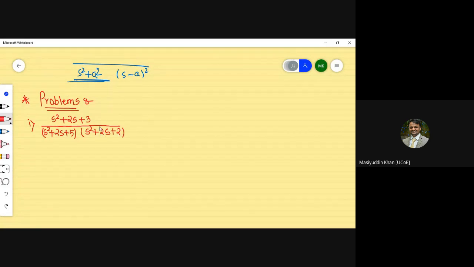So this is our problem: s square plus 2s plus 3 upon s square plus 2s plus 5, s square plus 2s plus 2.